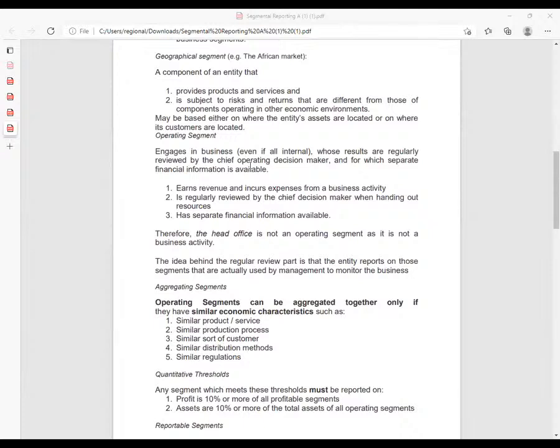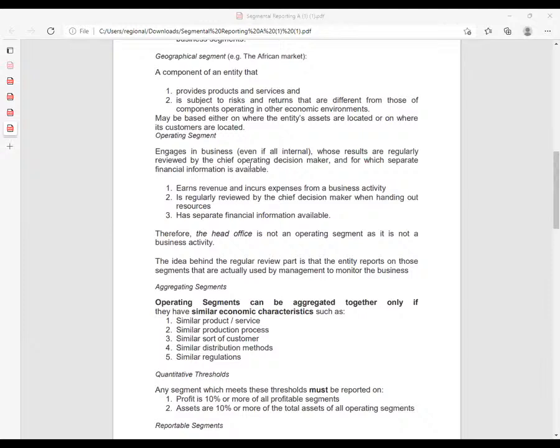So when we talk of operating segments, these are those segments that will be engaging in their own kind of business, whose results are regularly reviewed by the chief operating decision maker. It could be the CEO, it could be the COO, it could be the board, and for which separate financial information is available. It earns revenue and incurs expenses from a business activity.